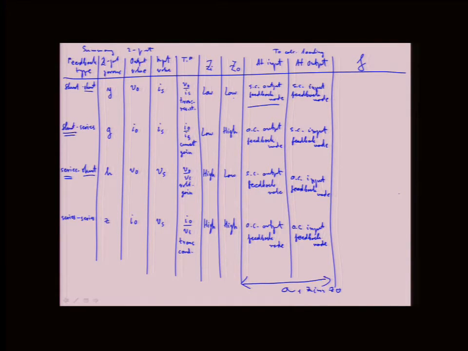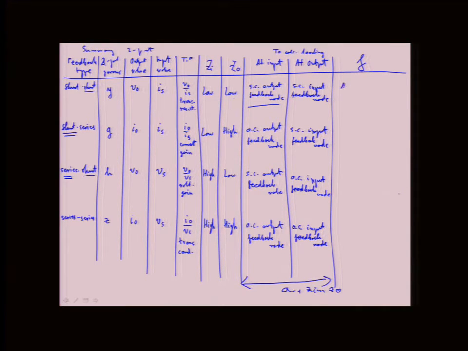But for this, if we have shunt, what do we do to calculate the F factor? Which quantity are we sensing from the output in shunt? Voltage. So which quantity should we apply to that isolated feedback network in shunt configuration? Voltage, that's right.